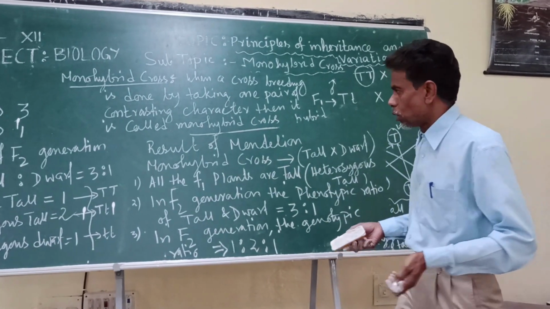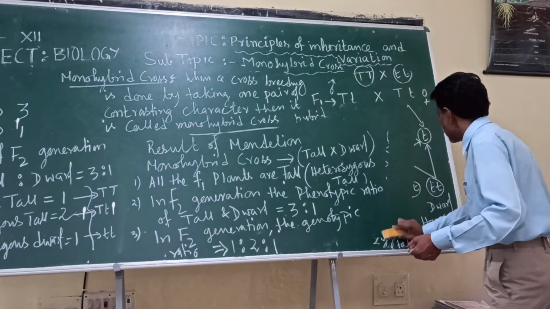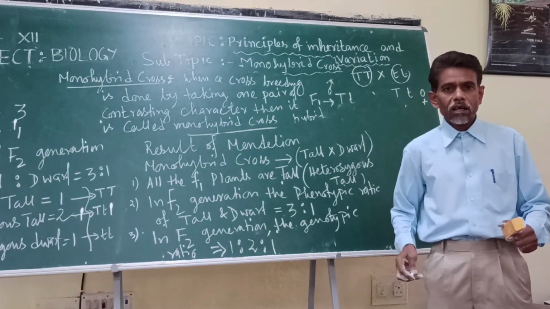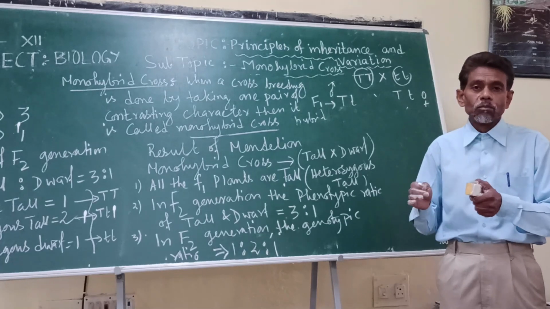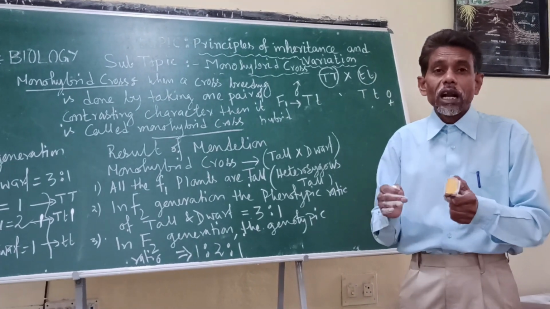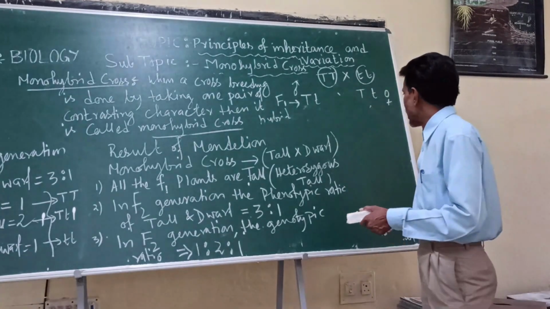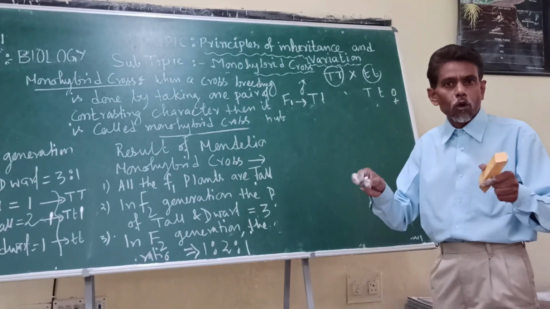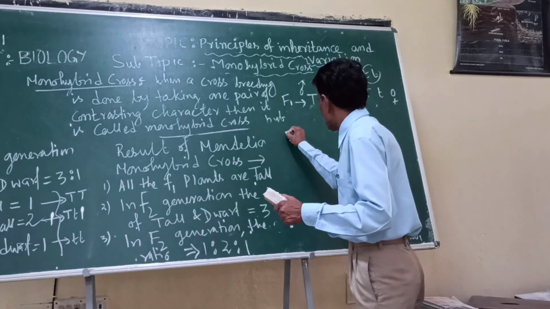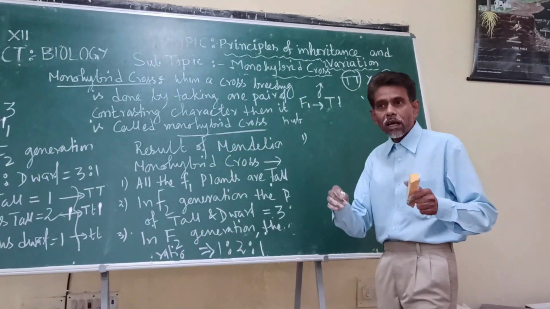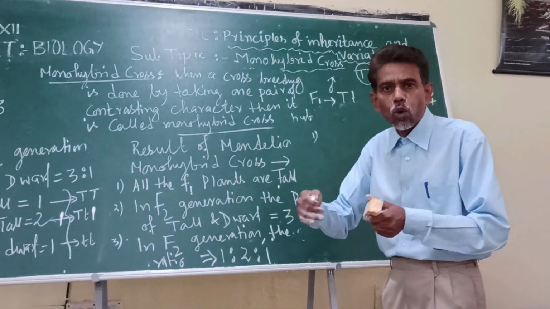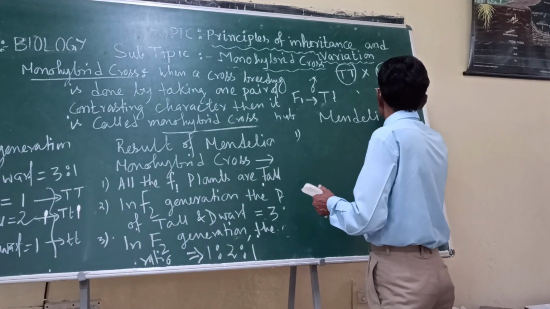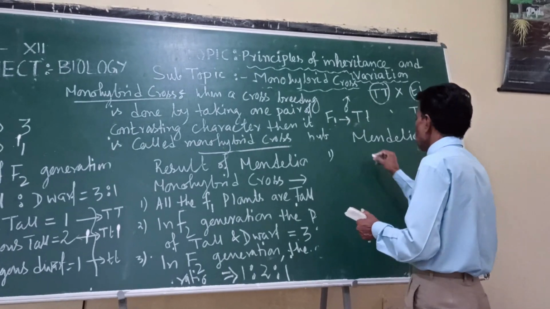So from this monohybrid cross, Mendel came to a conclusion and deduced, or rather postulated, two principles, which later on we came to know in the form of laws, the Mendelian laws of inheritance.